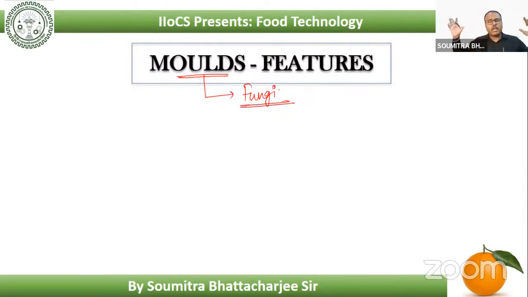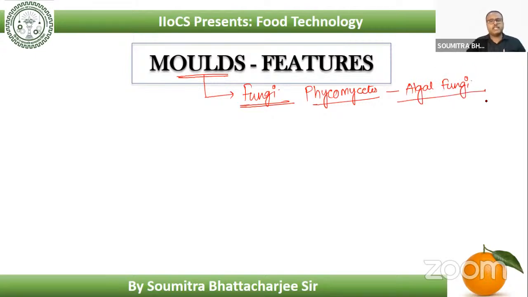When we elaborate the classification of fungus, we have lots of groups: Phycomycetes, Zygomycetes, Ascomycetes, Basidiomycetes, and Deuteromycetes. The Phycomycetes, we also represent as the algal fungi.